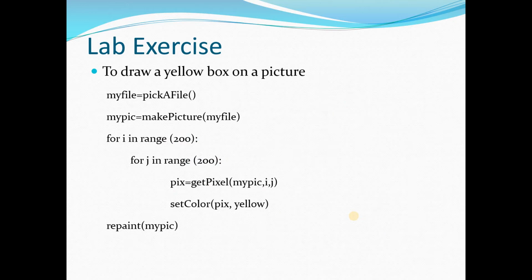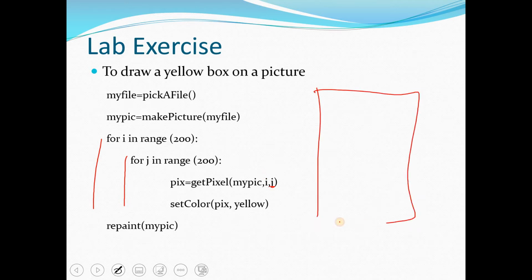Then I gave you another example where you have two for loops. One for loop is inside and one is outside. These are called nested for loops. In this case, the inner one is controlling j, and the outer one is controlling I. If I draw the same picture, you again have I and j.